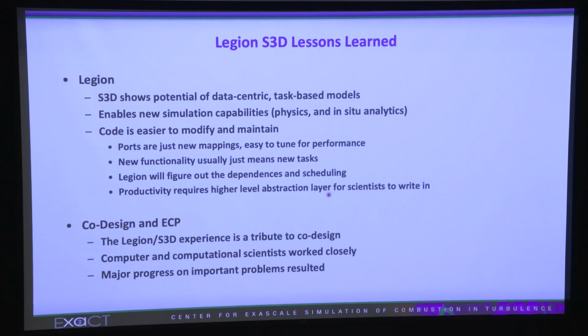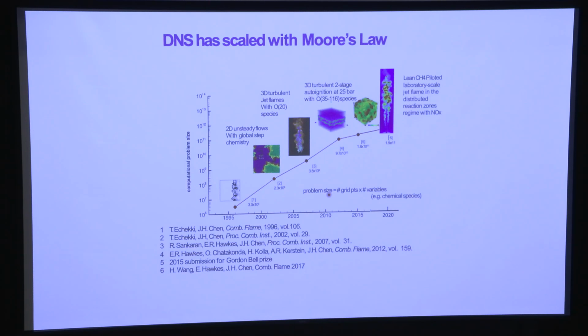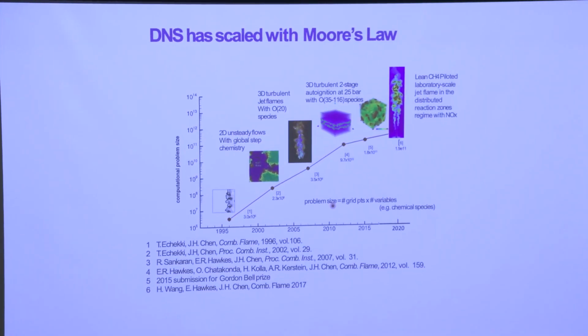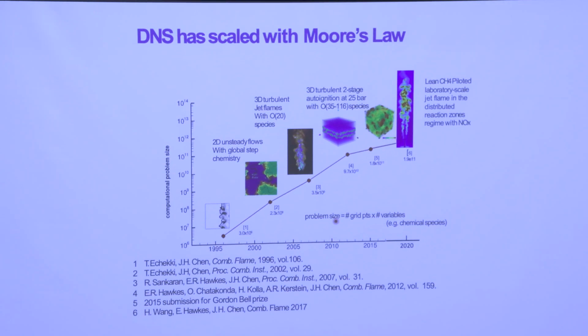And productivity requires this higher level abstraction layer for us scientists and engineers to write in and leave the rest to the CS guys. So we've been collaborating with them for now 10 years as we move from one level of supercomputing to the next. And this is just a plot showing Moore's law as it applies to DNS of turbulent combustion.